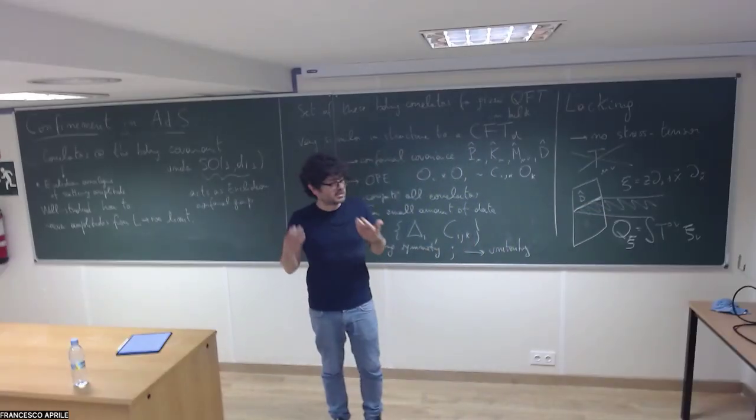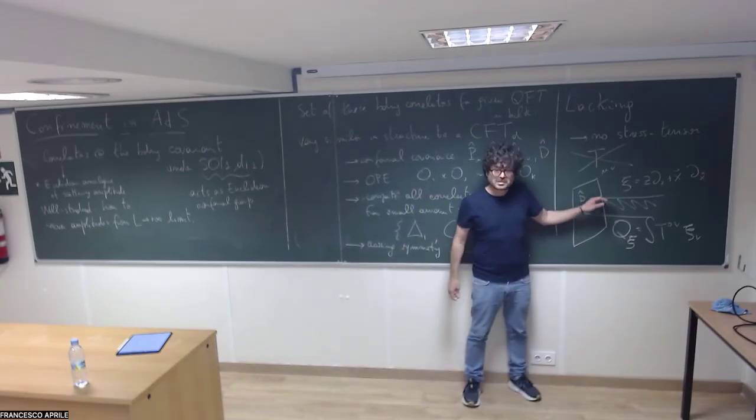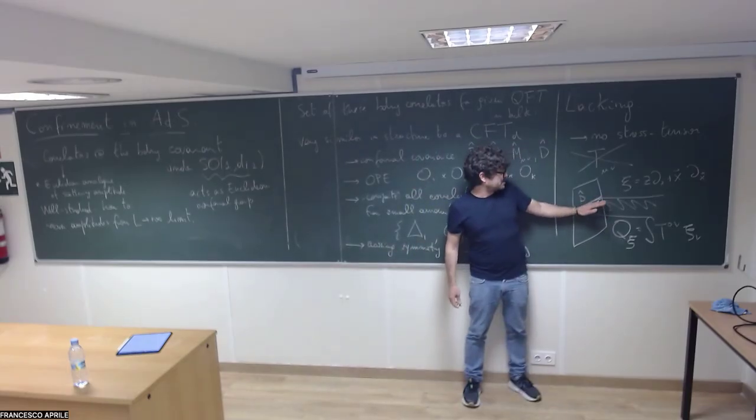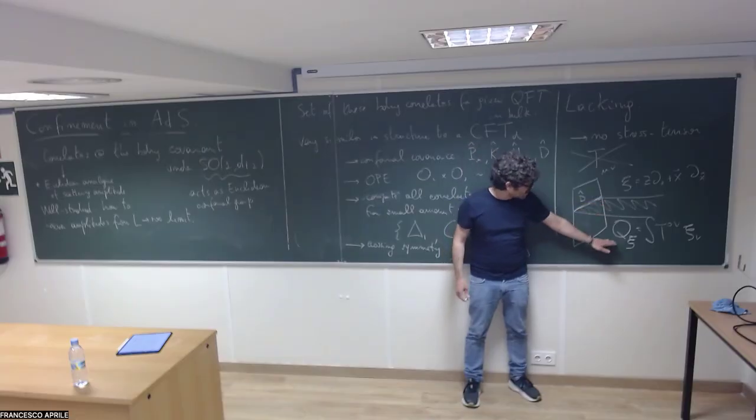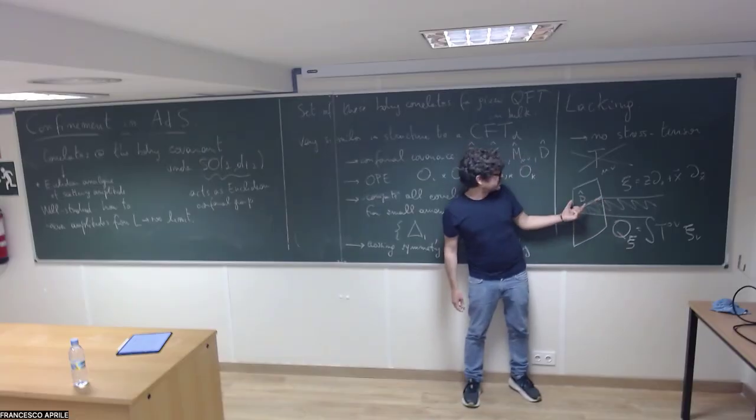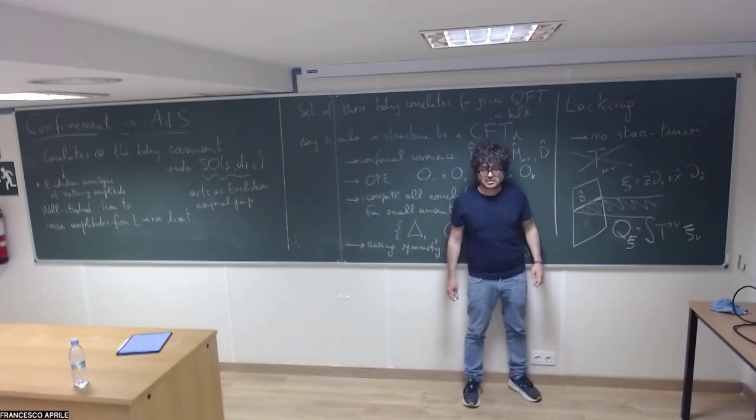Okay, you could even entertain the possibility that your boundary condition breaks the isometry, and then the endpoint will not move freely. But if your boundary condition does preserve the isometry, then this charge can end at the boundary, and it defines for you an analog of the D hat operator.